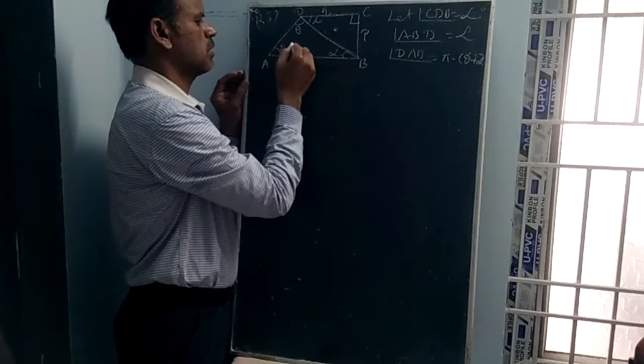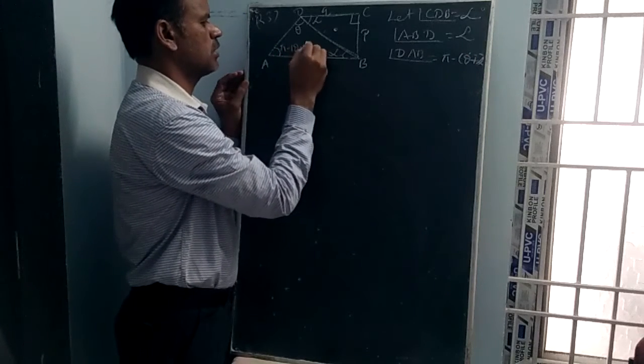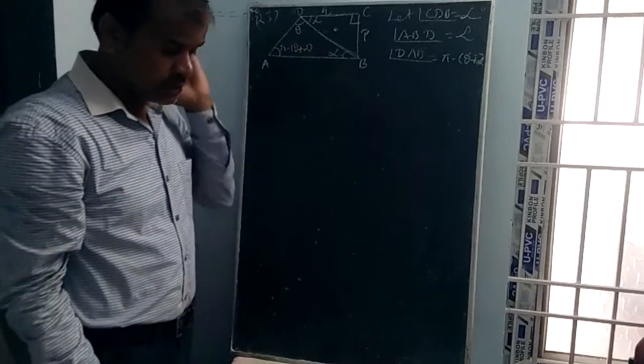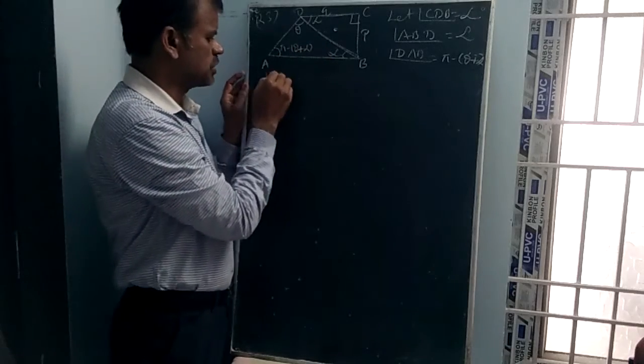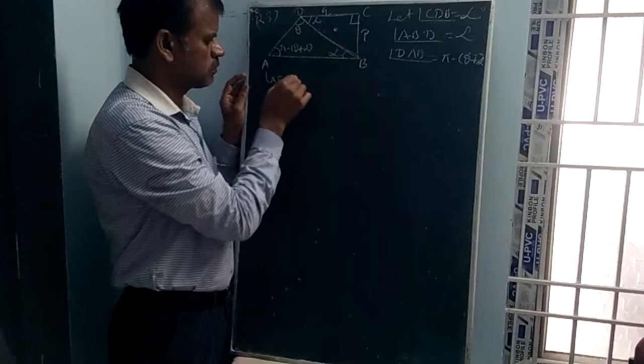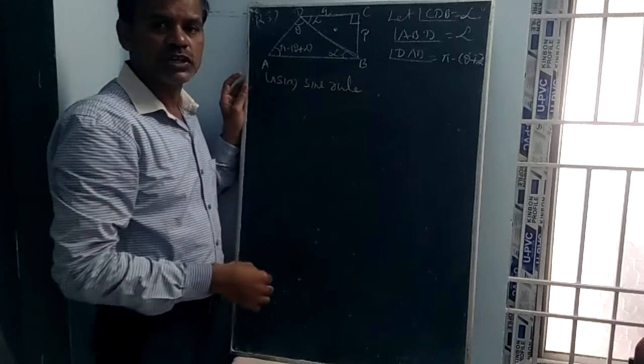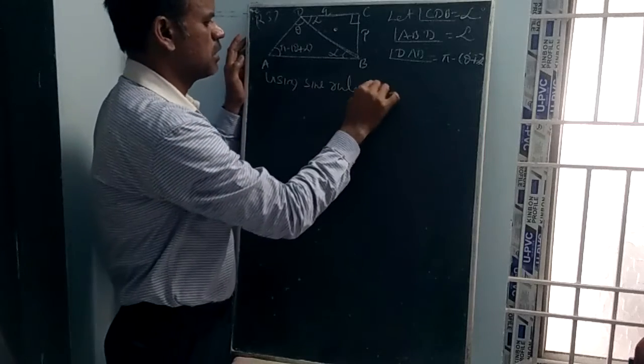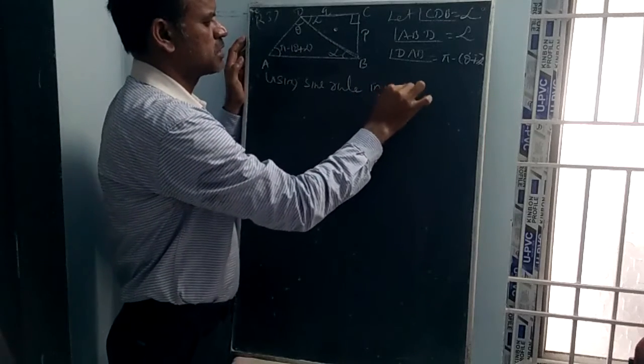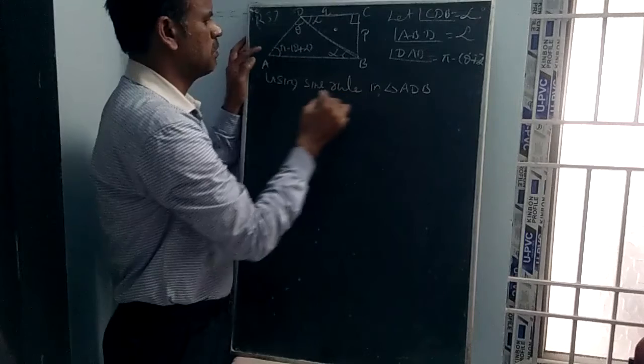Pi minus of (theta plus alpha) is the angle A, that is angle DAB. Now, using the sine rule in triangle ADB.